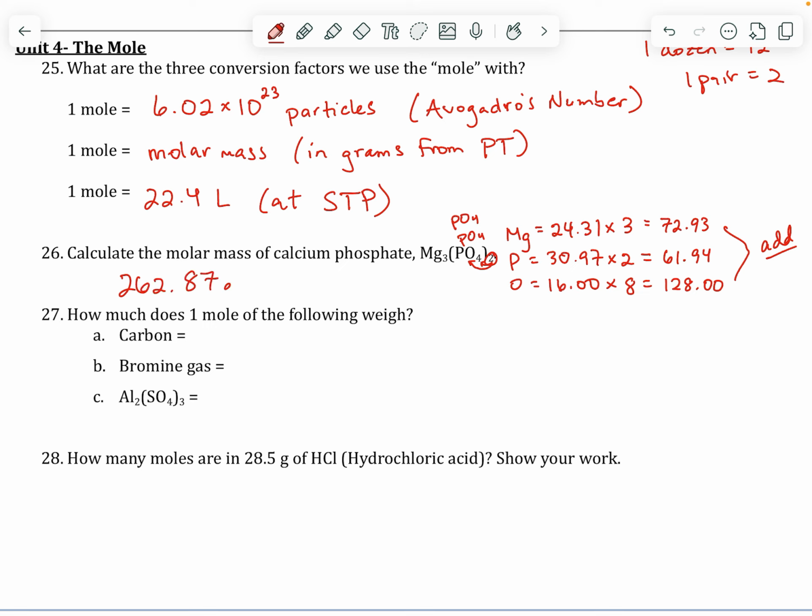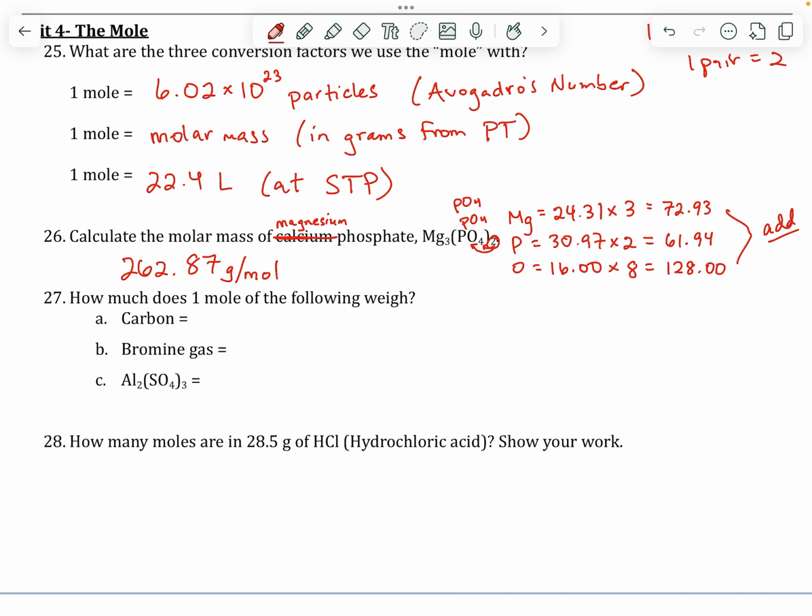And of course, our unit for this is grams per mole, because, again, this is the molar mass. That is how many grams 1 mole of our magnesium phosphate weighs. And I'm sorry, this should say magnesium. I apologize there. So good thing I caught that. All right, so our magnesium phosphate, how much that weighs per 1 mole.